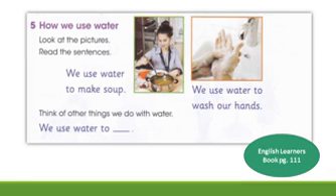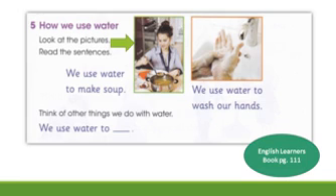Now kids, let us see how we use water. On your English Learner's book, page 111, you will find these pictures. So, how we use water. Look at the pictures and read the sentences. Let's have the first picture, with the arrow. What do you think the lady or the girl is doing?